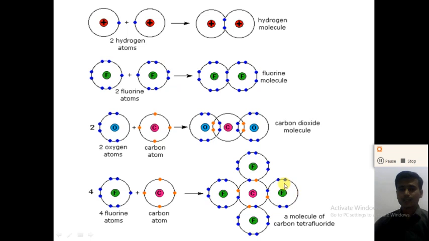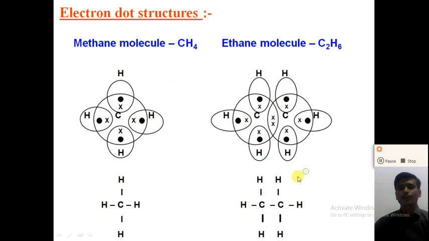So this one is the electron dot structure of carbon tetrafluoride. You have to remember how we can make the electron dot structure of different carbon compounds, right? So let us see one or two carbon compounds with their electron dot structures.